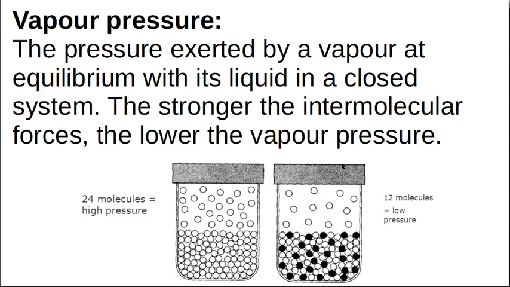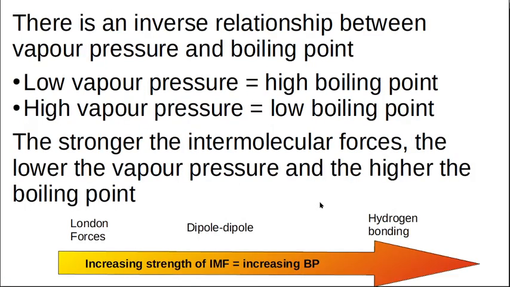So usually if something's got a strong smell, it's got a high vapor pressure, and it's also very easy to boil, because it doesn't take much energy to separate the particles from liquid into gas particles. So if you need only a little energy to reach your boiling point, it means there's a high vapor pressure. So a high vapor pressure means a low boiling point, and a low vapor pressure means a high boiling point.